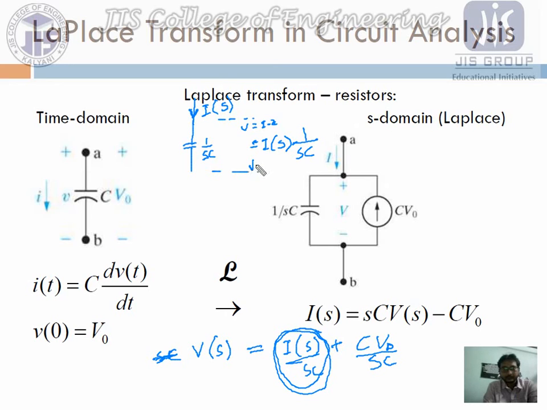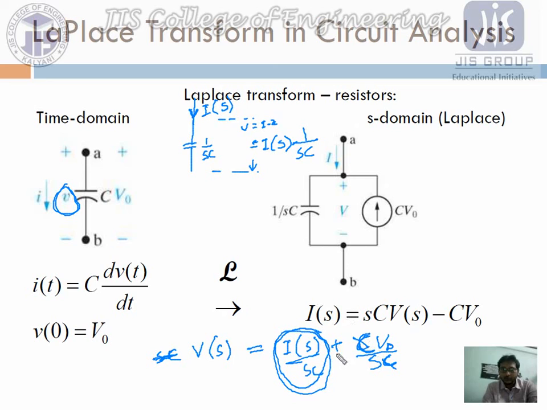Now the overall voltage V is the voltage across the capacitor plus this voltage, CV0 divided by sC. C and C cancel out, so there is V0 by s.